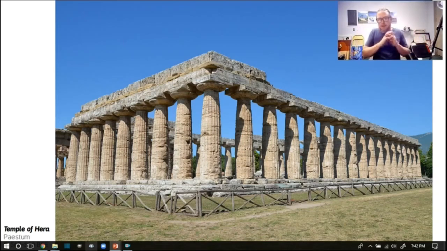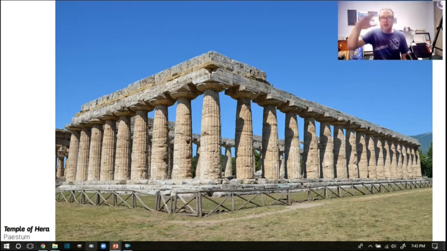The Greeks branched out and started colonizing and conquering areas around them, and they would bring with them their culture to leave their mark. So even though this is not on the Greek peninsula or on any of the Greek islands, this is on the Italian peninsula. There we see that Doric order happening, and this temple of Hera is in ruins.